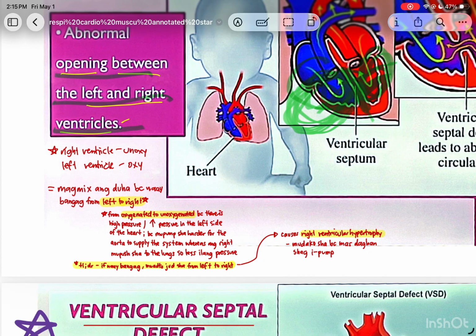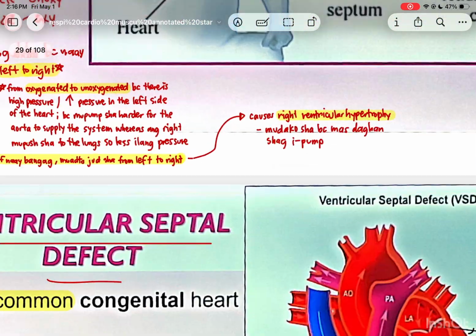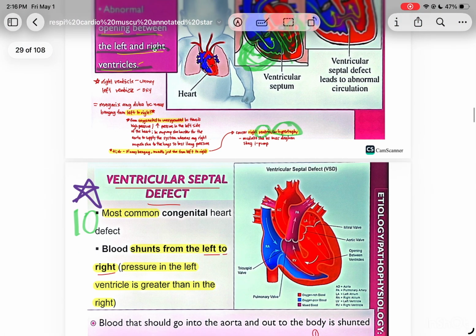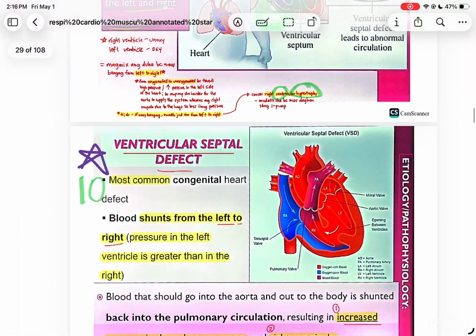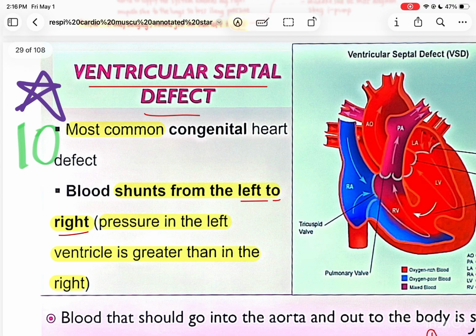The oxygenated, maagto siya sa unoxygenated because there is less high pressure sa left side because mo pump siya harder to the aorta. So, pag pump niya harder, mabalhin siya diri. So, for the aorta to supply the system, whereas ang right ma-push siya to the lung, so less ang pressure. So, if naay bangag, mo siya sa left to right.